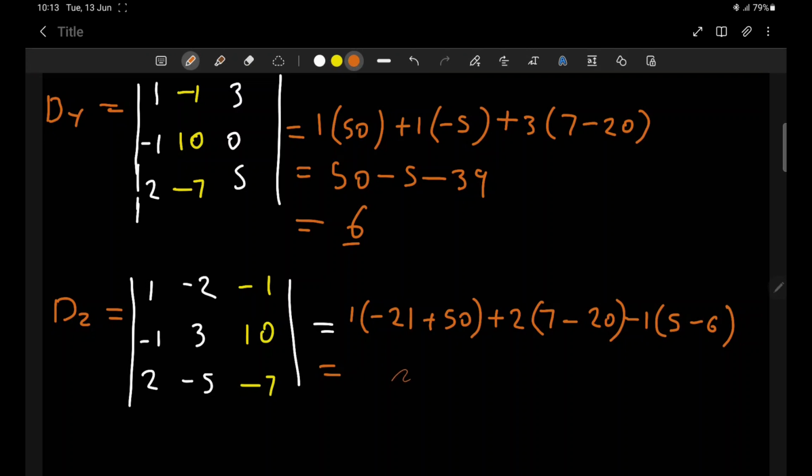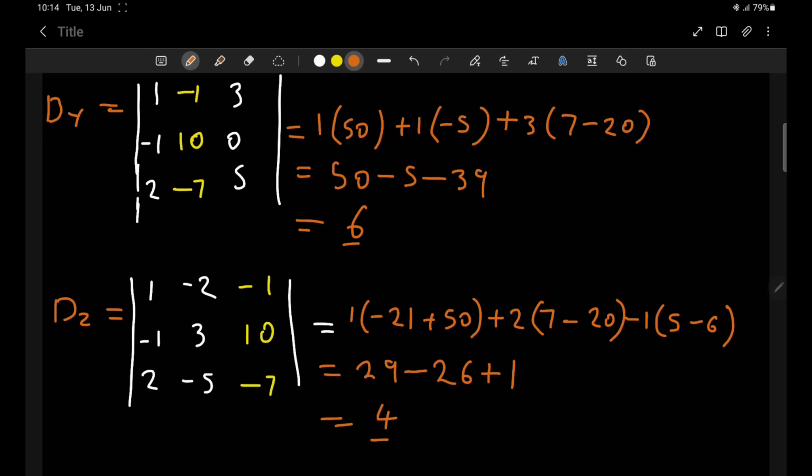Then 7 minus 20 will give us a negative 13 by 2 to give us a negative 26. Negative 5 minus 6 will just have positive 1. Then when we add these, this will give us 4.